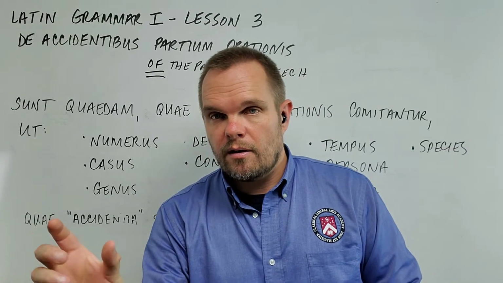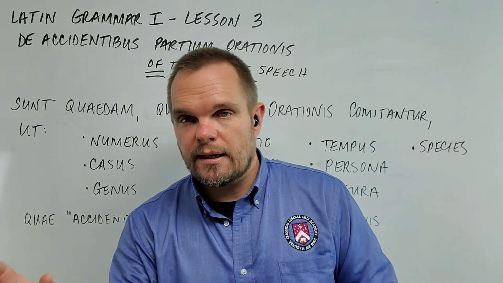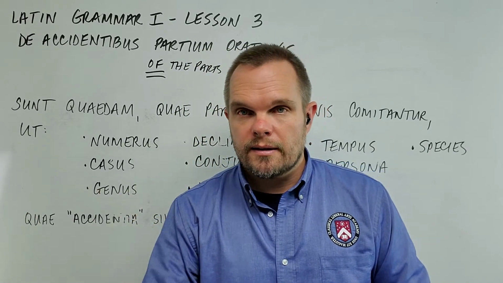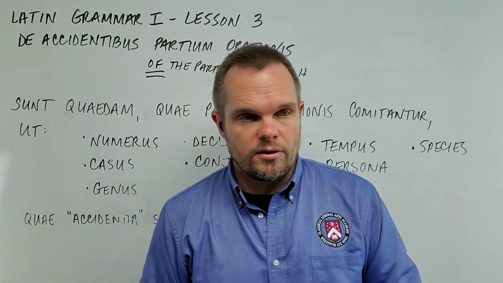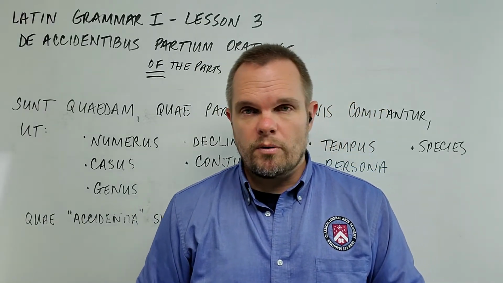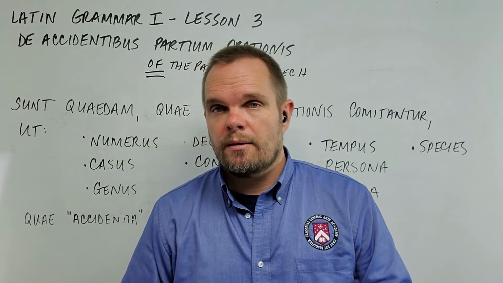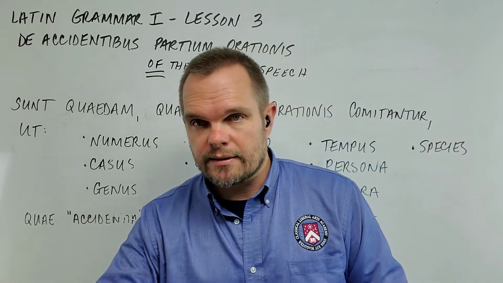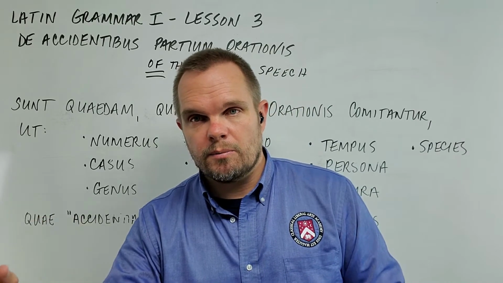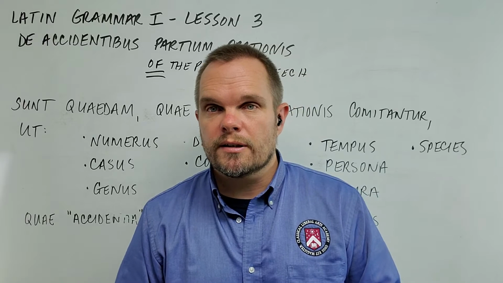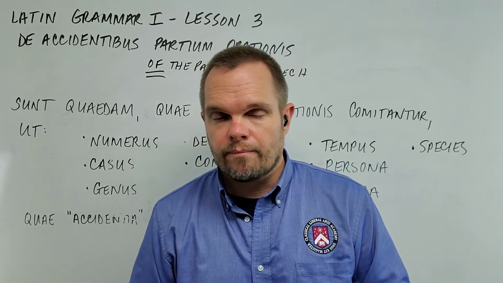If the noun has is at the end of its genitive singular form, then it's a noun of the third declension. For example, sermo, sermonis. Sermo means speech. If we look at the genitive form of sermo, we find sermonis. It ends in the syllable is. That tells us that sermo is a third declension noun.